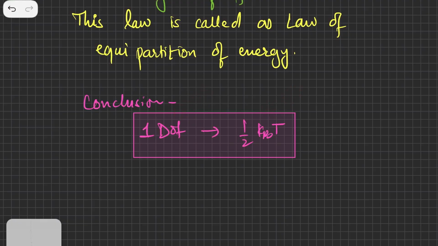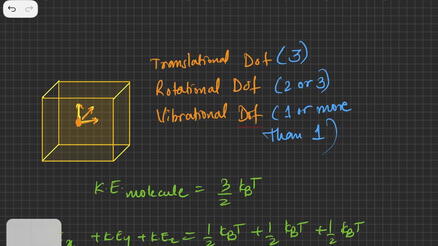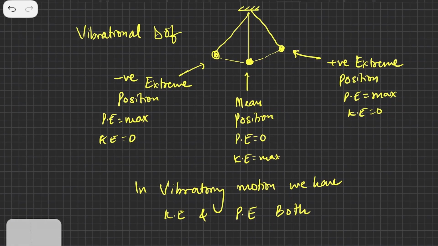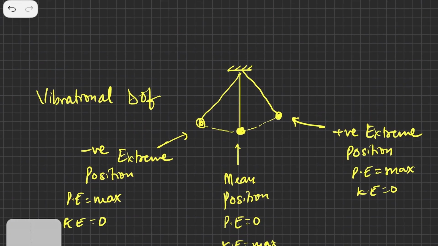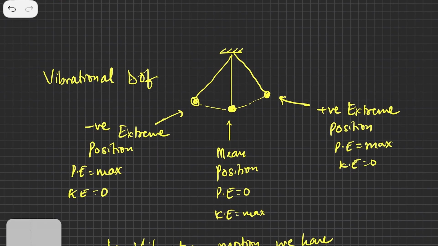Okay. So yes, I was just mentioning vibrational degrees of freedom. Let's discuss this part here. For the concept of vibrational degrees of freedom, let's say we have a pendulum, and this is the rigid support from which the pendulum is hanging.